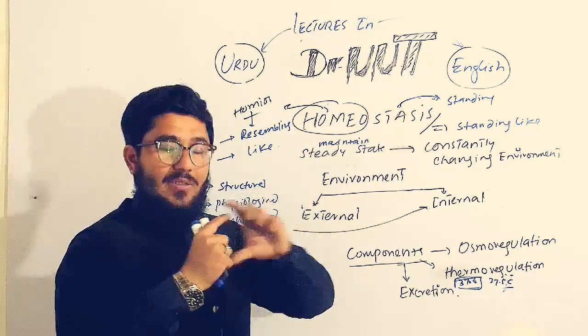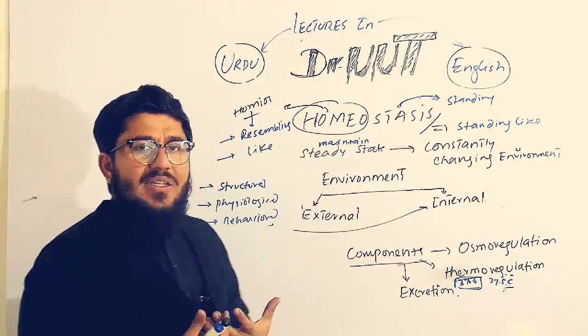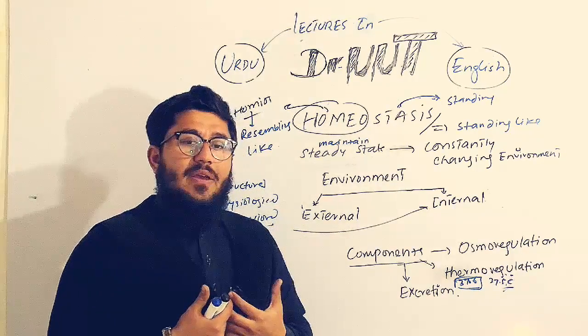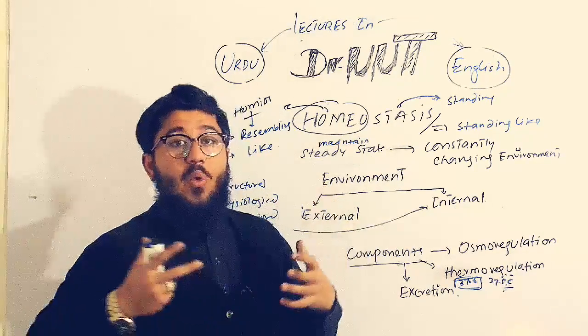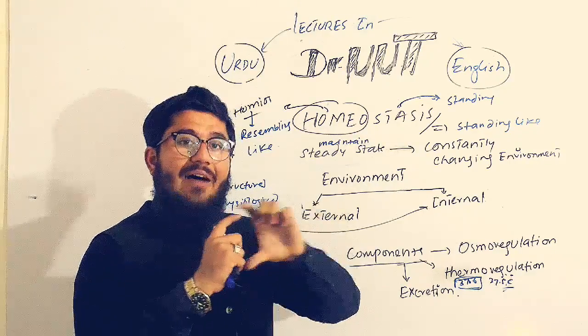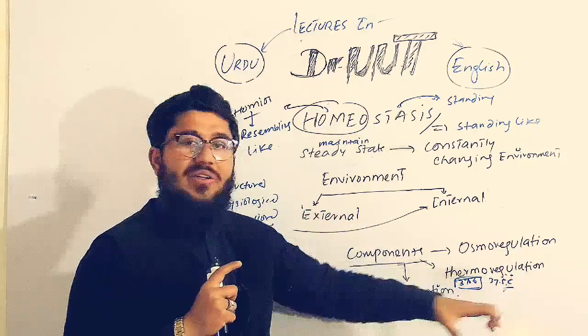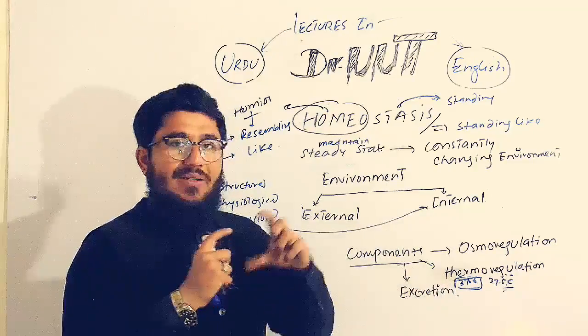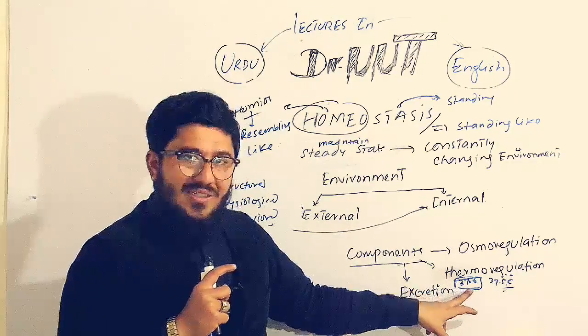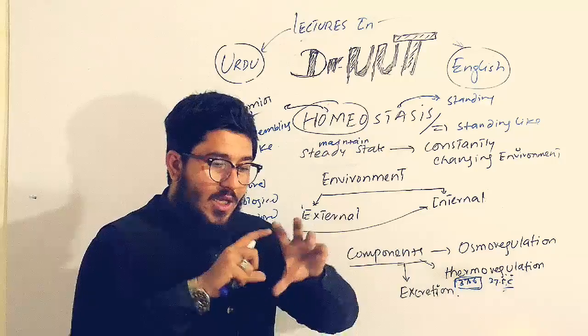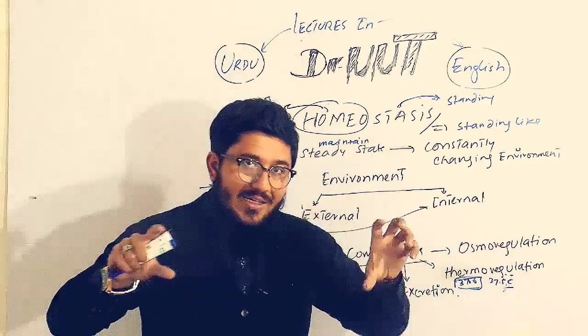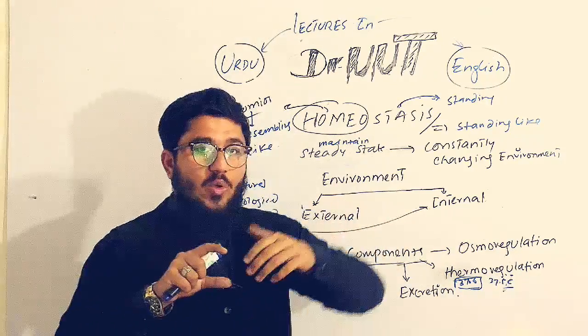Our body does not need to get too much heat or cold. We want to be in an average, maintained condition, around 37.5 or 37.6 degrees. Our body wants to bring its state to that condition. It must not go up and down.